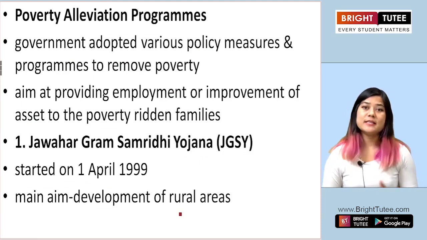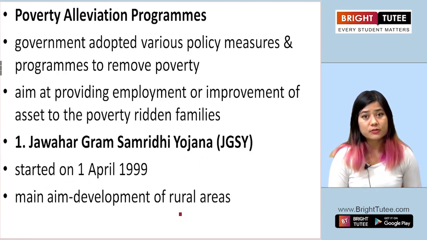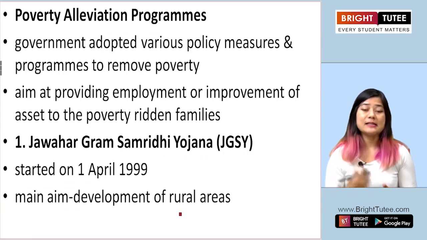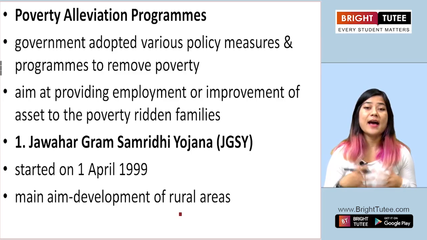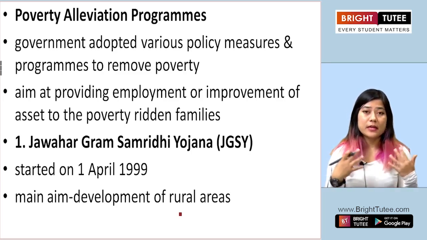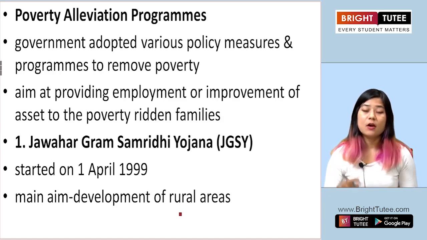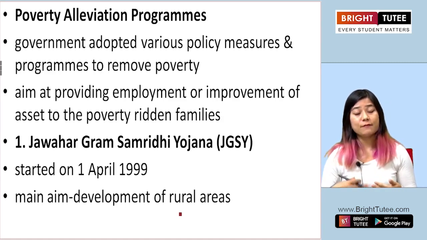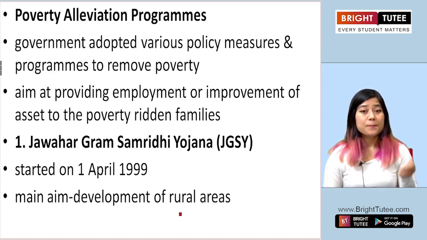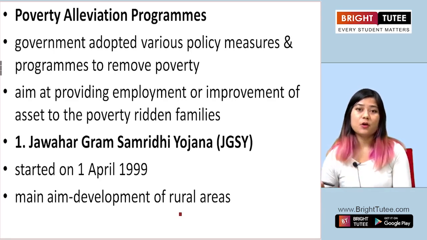Now, despite all these measures, despite making sure that population is controlled, despite implementing land reform measures and other measures to prevent poverty, to reduce the state of being poor and make sure people have better living standards, there are still problems of poverty.